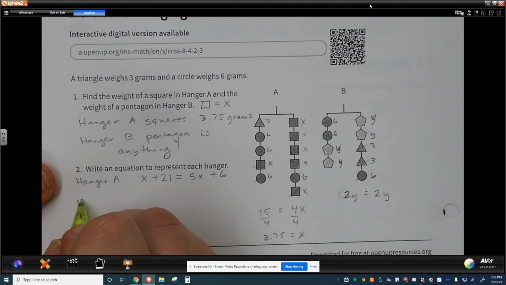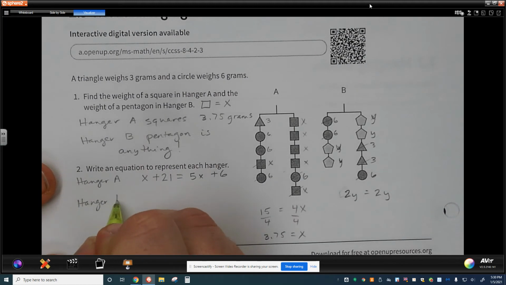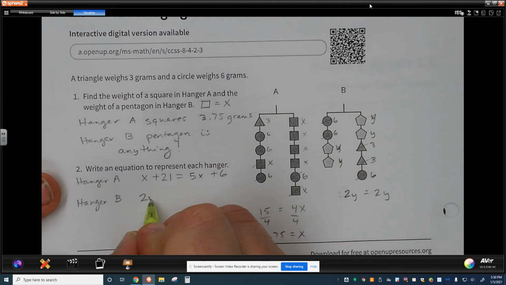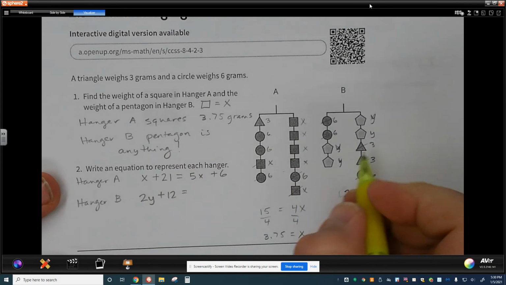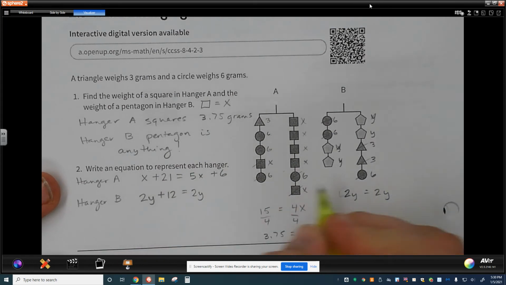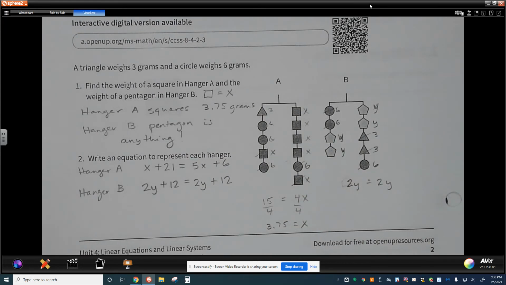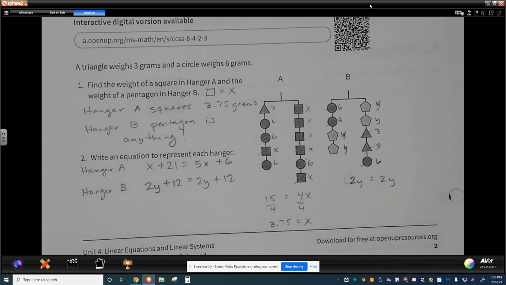Hanger B, we said that the pentagons would equal y. We see 2 times y plus 12 is equal to 2 times y plus 12. And then what we recognize is that both expressions are exactly the same, which means no matter what I plug in for y, I will always maintain balance.